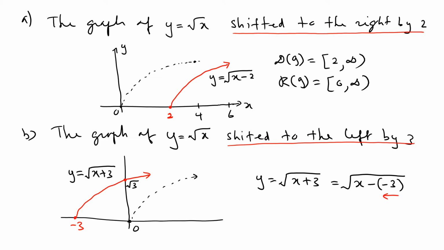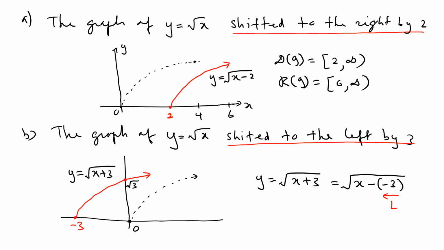If you see x minus 3, 3 is a positive value, so you move to the right. But since we have x plus 3, we move to the left. That's another way to look at the same situation.